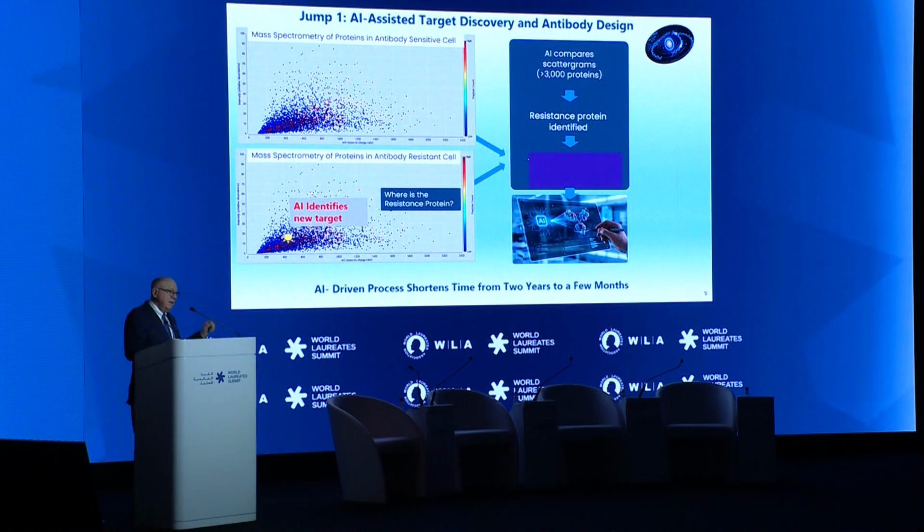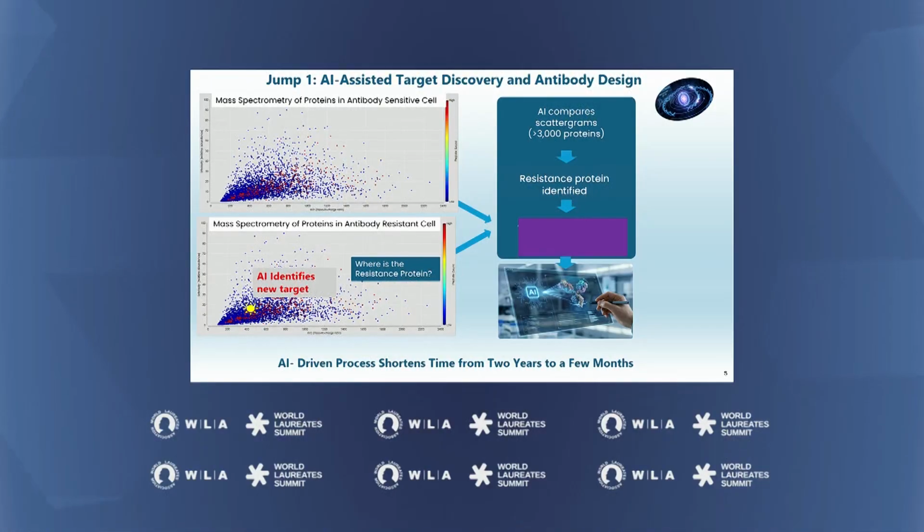Very difficult to pick out the resistance protein in the resistant cancer cell. This is where AI can lend a hand. AI can screen all of these candidates on both the top and the bottom panel and pick out one or more candidates for the resistance protein.